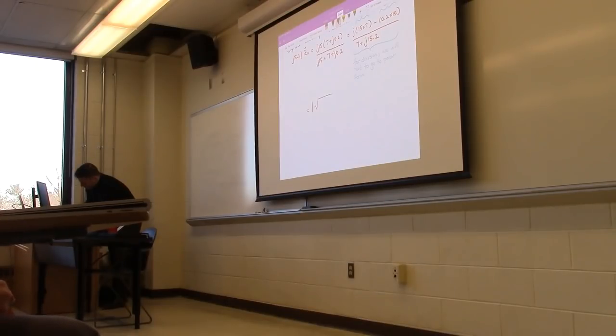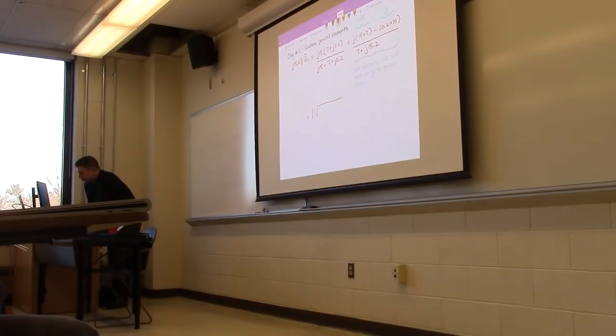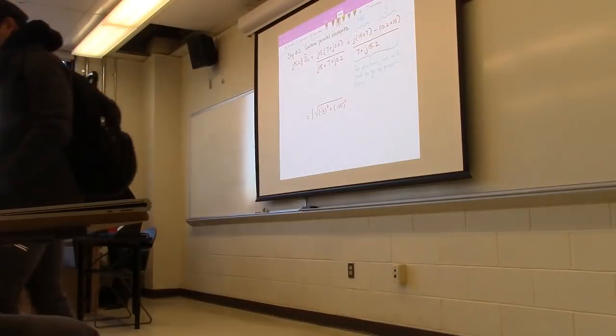Okay, so first thing we want to do is get the magnitude of the numerator, right? So what's the magnitude of the numerator going to be? It's going to be the square root of the real squared plus the imaginary squared. The real component of the numerator is -3, so that's -3 squared, plus 105 squared.